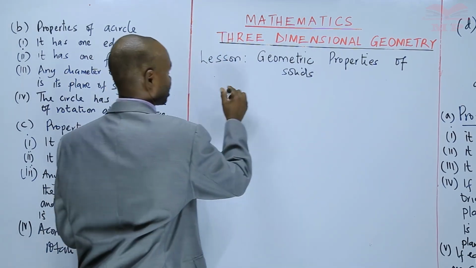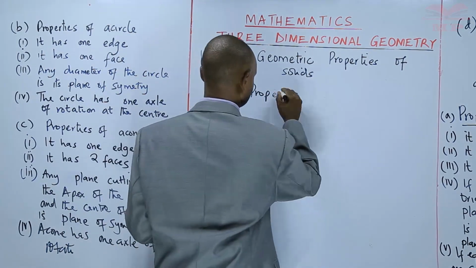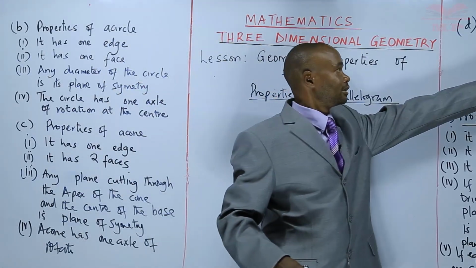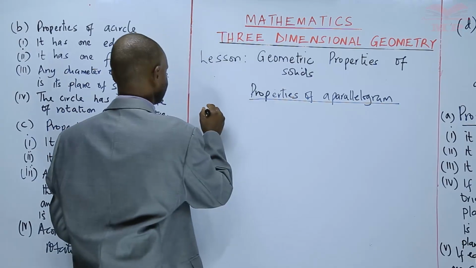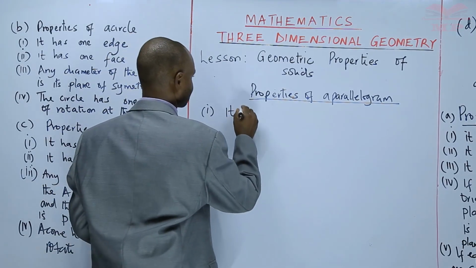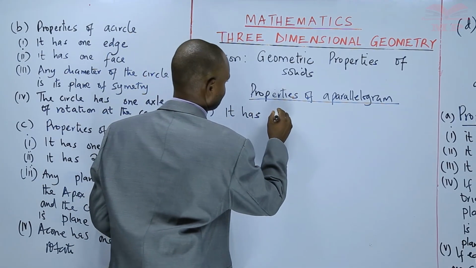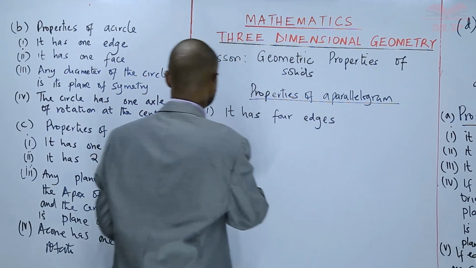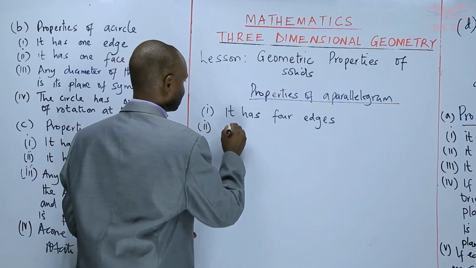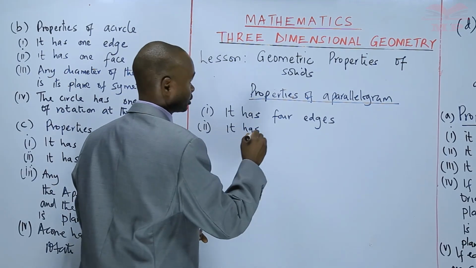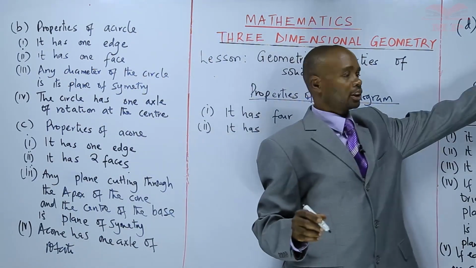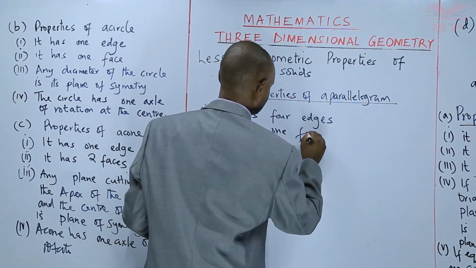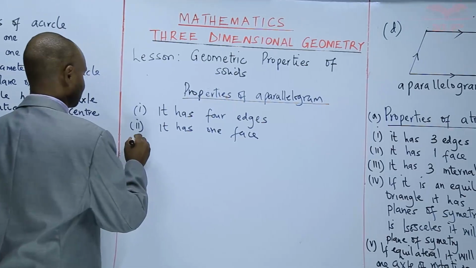So properties of a parallelogram. One, it has 4 edges. Two, it has 4 edges and 1 face.